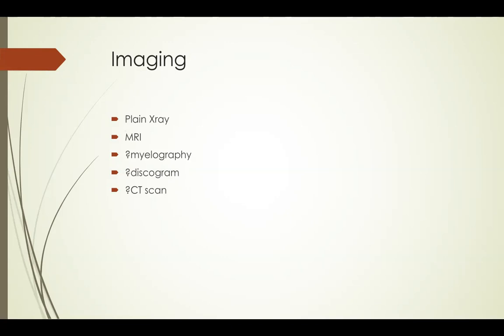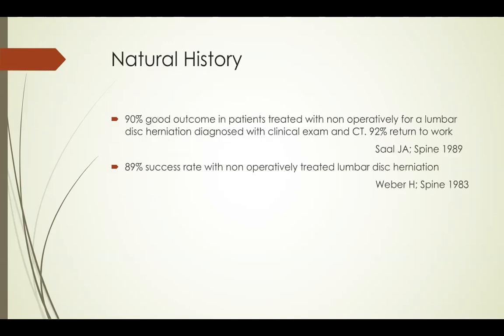You have to do the discogram at multiple levels to find out which disc has an annulus fibrosis defect. That makes sense. Then you can take X-rays. But nowadays the MRI is the gold standard, and an X-ray is the first line of investigation, to make sure there is no instability on flexion extension at whichever level you have a disc herniation.